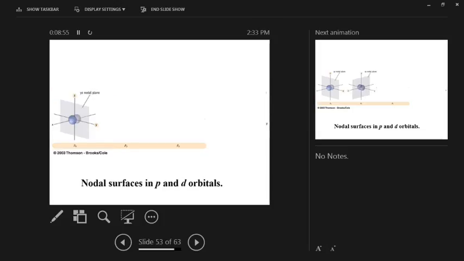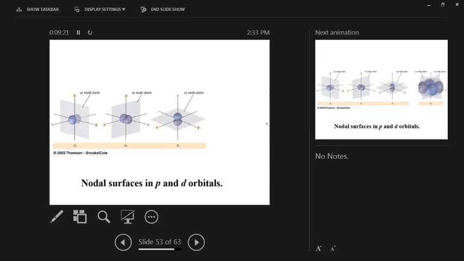I do think it is so cool that in the dumbbell-shaped p orbitals, at the origin, 0, 0, 0, the probability of finding an electron is 0. So we end up with these nodal paths. We have a nodal plane for this orbital here, a nodal plane there for that orbital, and a nodal plane there for that orbital.